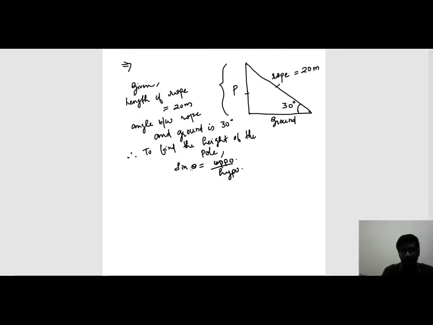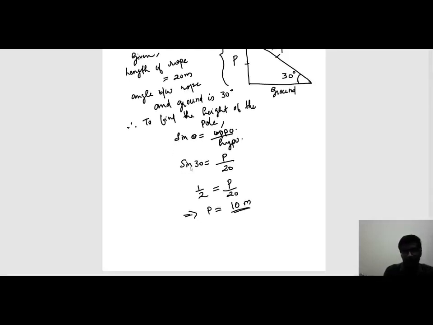Here theta is 30 degrees. Therefore, sine 30 is equal to the opposite side, which is P, the pole, divided by the hypotenuse, which is 20. Sine 30 is 1 by 2. So 1 by 2 equals P divided by 20. By solving this, 20 will go to this side, and 20 divided by 2 is 10 meters. Therefore, the height of the pole is 10 meters.